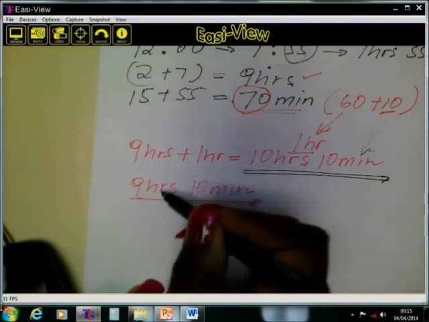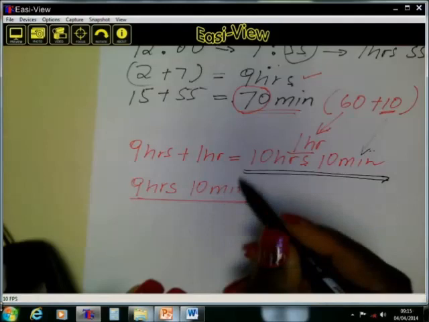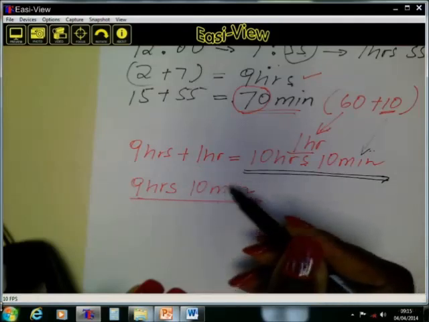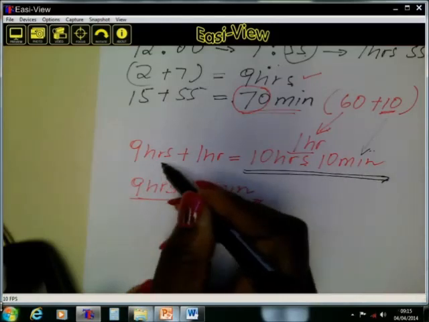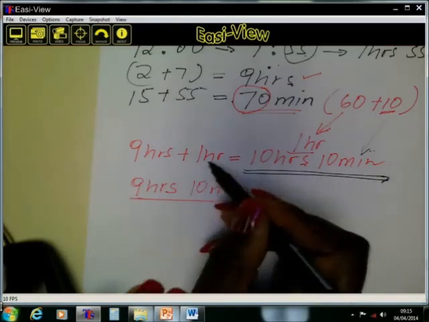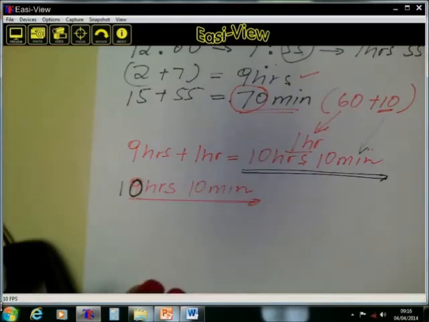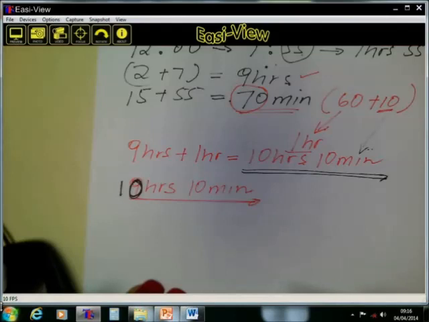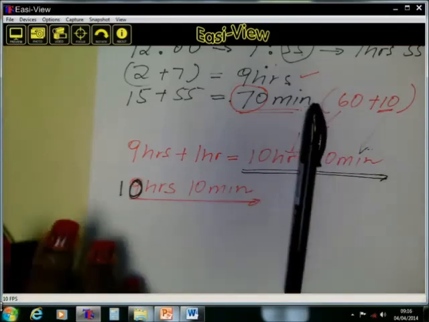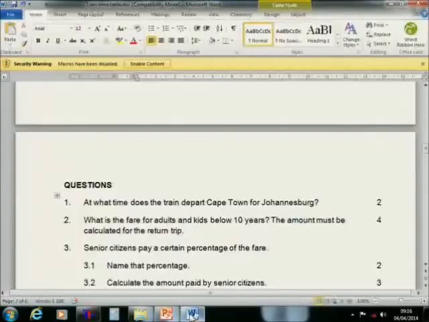But when I went down to emphasize that it took the bus 10 hours and 10 minutes, I didn't add this 9 plus 1, which makes 10. So, very good to the learner who was able to see this. It was only on the final answer. Good, let us continue with our recap.